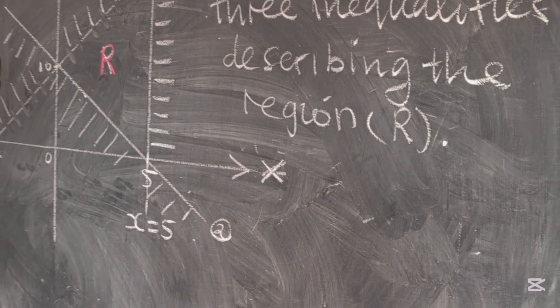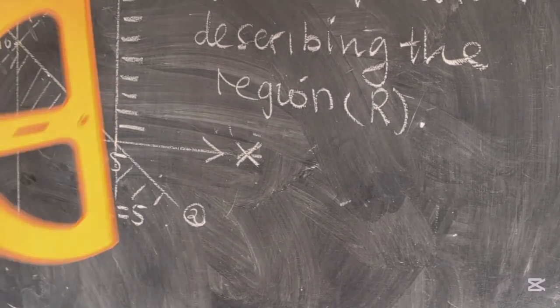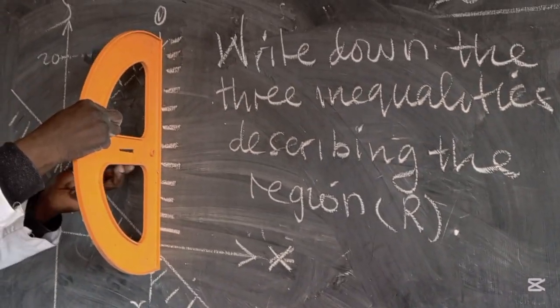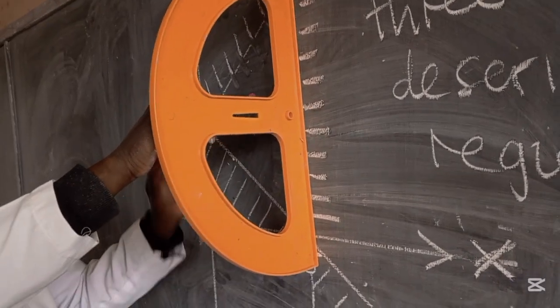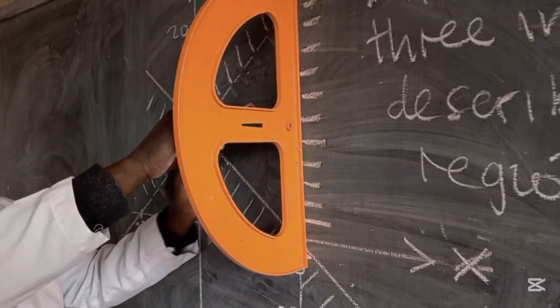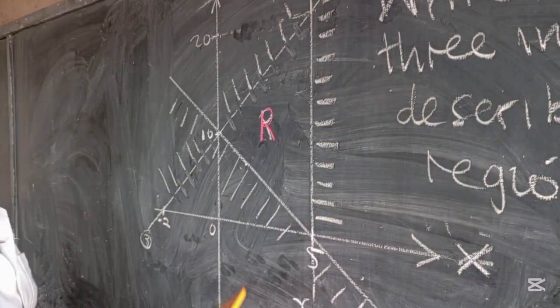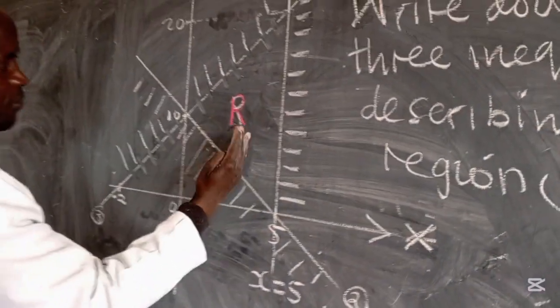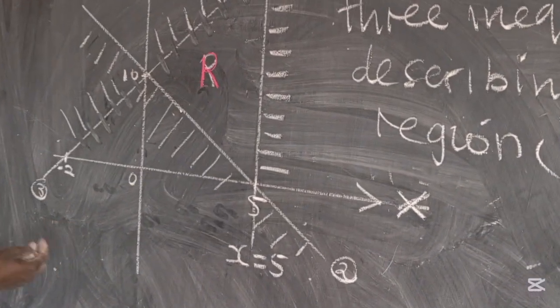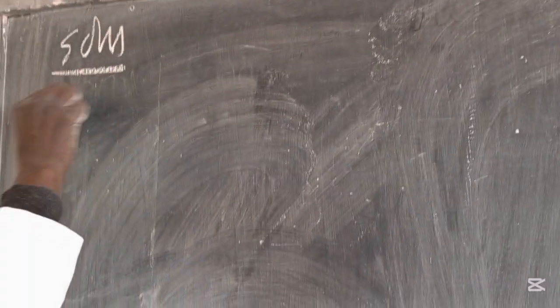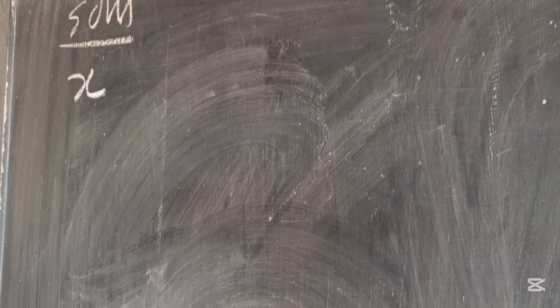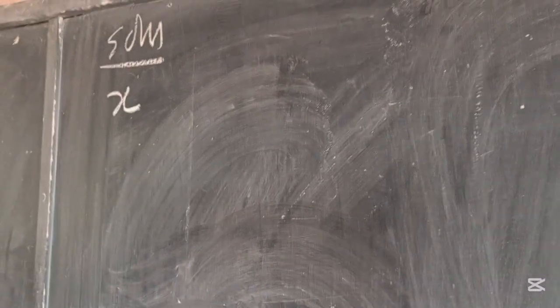Now, if you consider this one, you agree with me that if I put my protractor like this, the R is on the left of 5. So my R is on the left side of my 5. So the first inequality is that it cuts the x-axis where x is equal to 5, because the solutions are found on the less part.